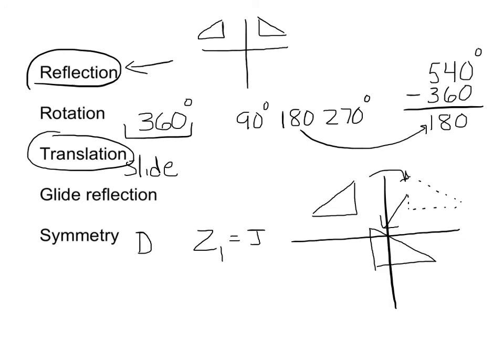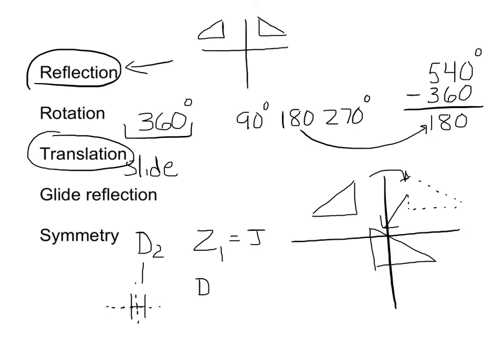When we talk about D, we're going to focus mainly on D2 and D4. D2 is any letter or any figure that has 2 lines of reflection, and we talked about the letter H being a possibility because it has a horizontal and it has a vertical.